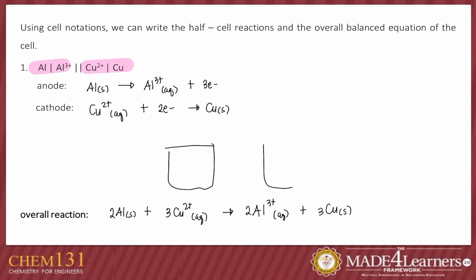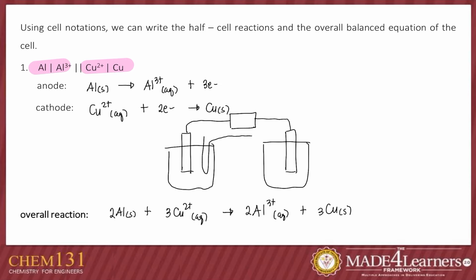Kung atong i-drawing ang galvanic nga cell, so active na siya nga electrode, na ay voltmeter din ha. And then we have the salt bridge, solution. So this is the copper nga cathode, and this is the aluminum nga anode.